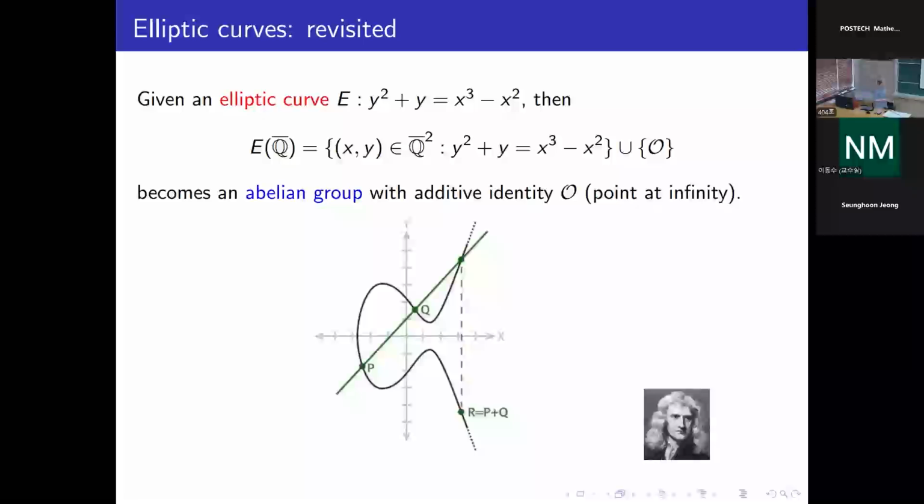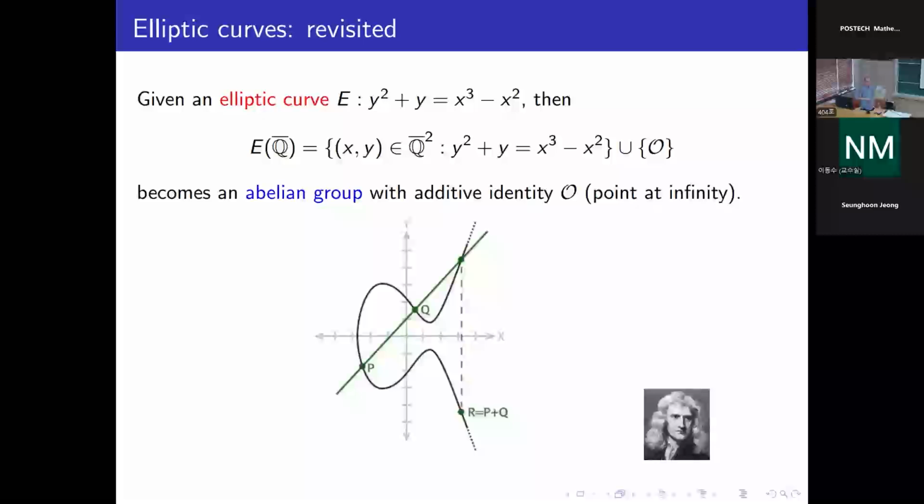This doesn't have a name here. And then I connect this third intersection point with the point at infinity. So that means I should take a vertical line going through that point, and I get the third intersection point. So the point at infinity is the second one, and the third one is the reflected one down here. And this one is the sum of the 2 points in the group law of the elliptic curve.